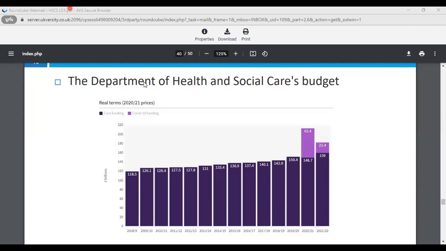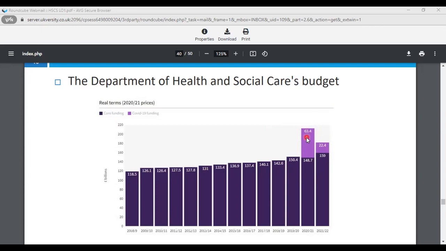if we see the NHS, for instance, has spent around 63.4 billion more. So 148.7 billion was spent on a regular basis, but then there was 63.4 billion more expenditure because of COVID funding.